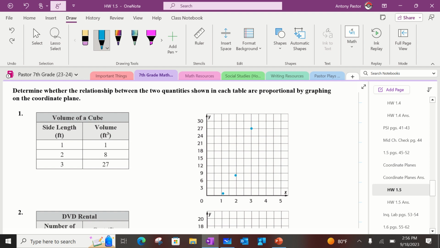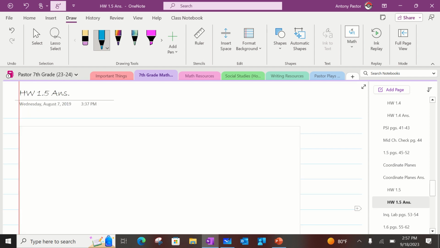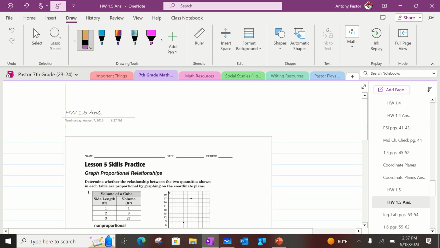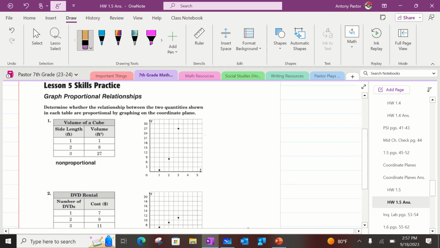So not a straight line. So automatically we know this curves, and it automatically does not go through 0, 0. So not proportional. And if we look at our answers here for number 1, ooh, I'm on the wrong thing. Number 1 is not proportional.